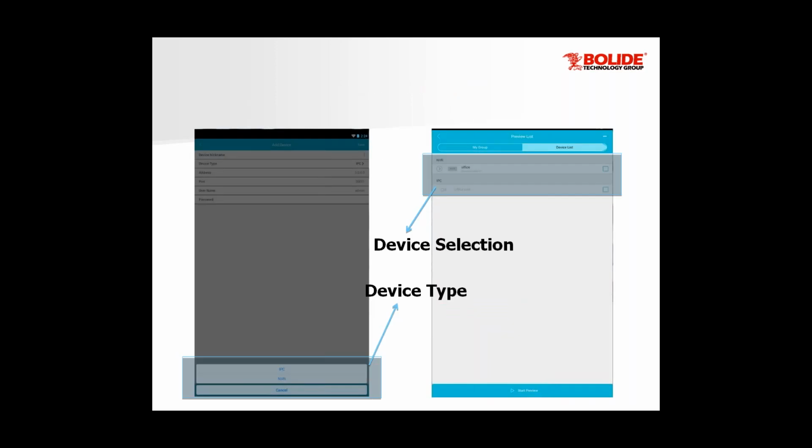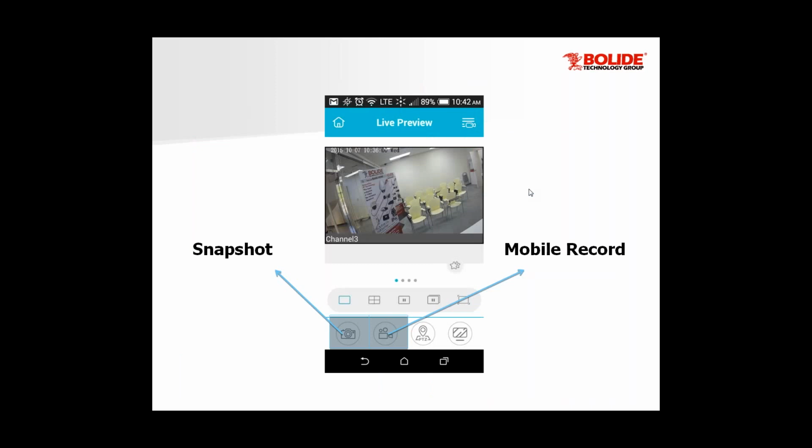You can see here at the bottom, if you're familiar with our older iPack app, it only did cameras. You input the IP of the camera and it came up. This one actually lets you do both. You can see on the bottom, IPC and NVR, you select the device. On the right, I'll show you once it's already input, it lets you select what device you want. From there, you can see your channels, snapshots like we said before, or mobile recording.